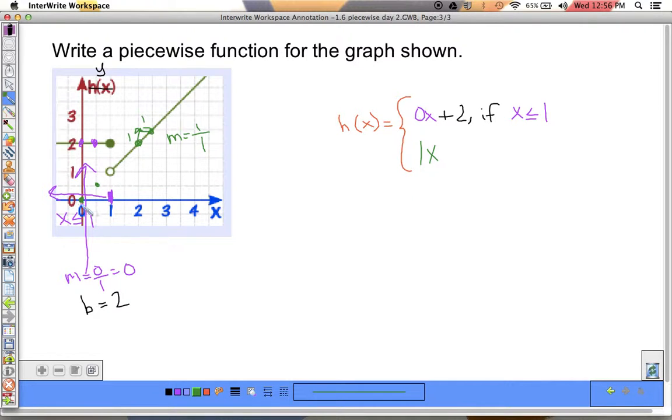So that line would have crossed at b equals 0. 0 would be the y-intercept. So plus 0 if I check the domain out on that one, it starts at 1 and goes to the right. So x is greater than 1. I do not want the equal to because it's an open circle.